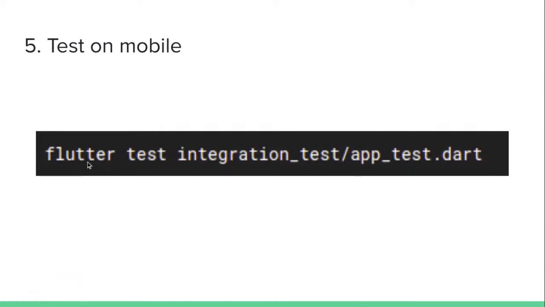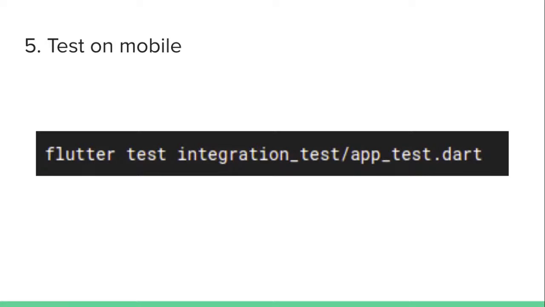By running this command: flutter test integration_test/app_test.dart, so that you can run the integration tests you write, and you can write integration tests for everything in your app. Just know the difference between unit testing, widget testing, and integration testing.